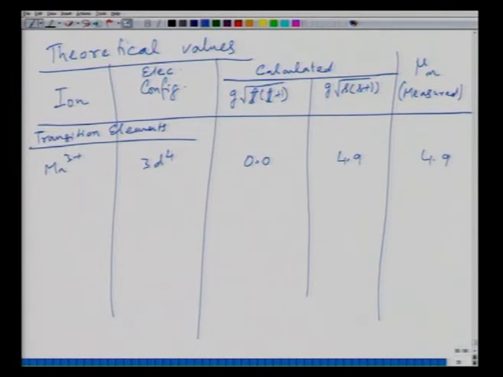So the spin contribution is fairly accurate. Similarly, for Fe3 plus, you have 3d5, and the measured value is 5.92, this is 5.9.